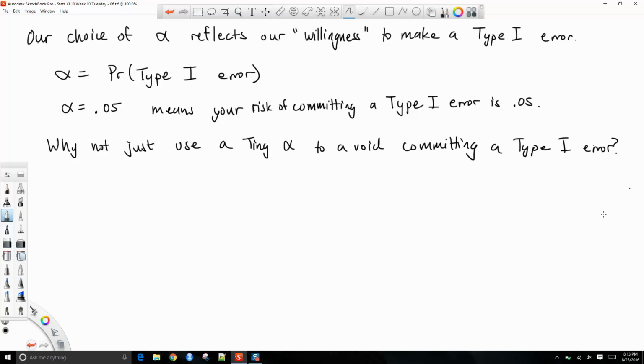Well, the flip side is that if you decrease alpha to avoid type 1 error, you increase the risk of committing a type 2 error.